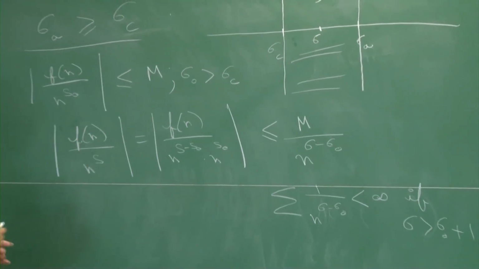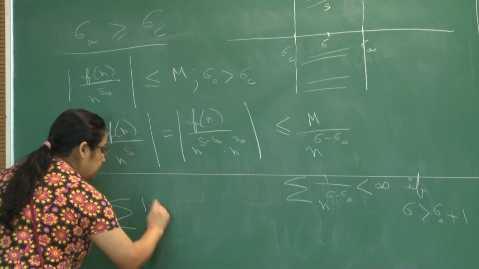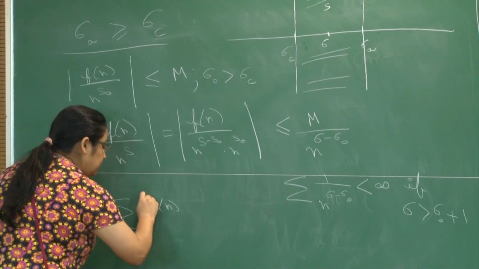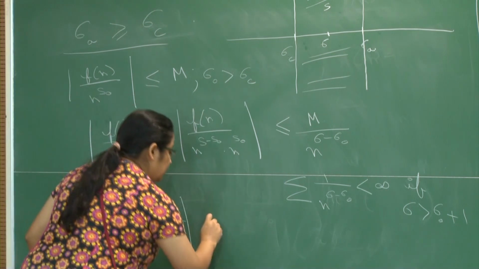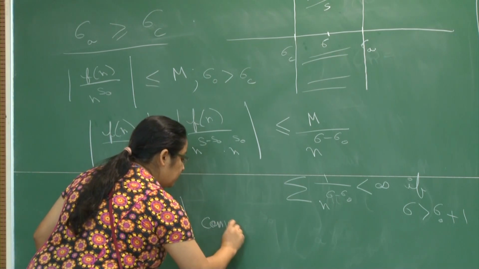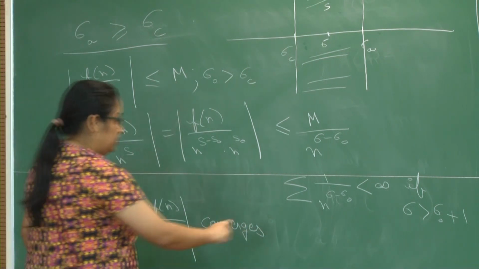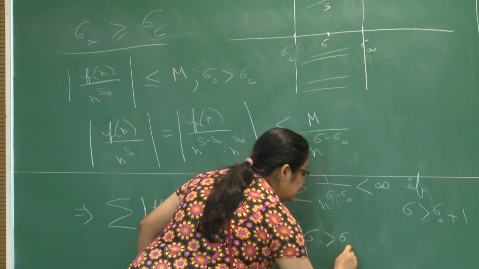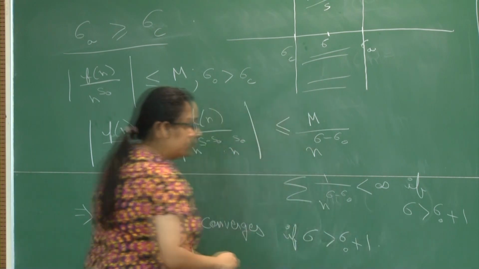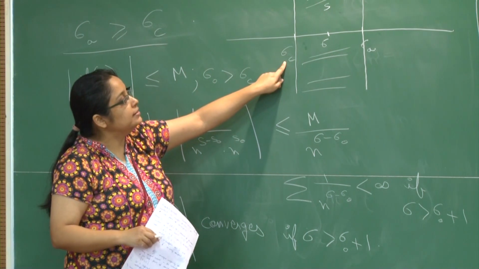Therefore, this sum also converges when sigma is greater than sigma 0 plus 1. Now you are seeing that this is the abscissa of convergence.